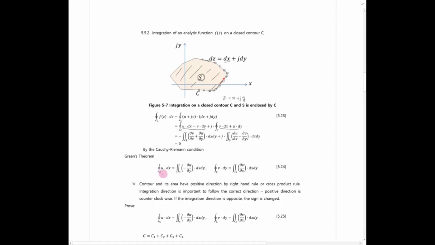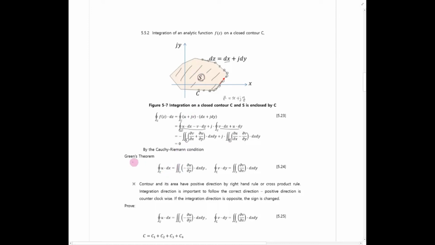By use of the Green theorem, we can change the contour integration to an area integration. This is the contour integration, but we would like to change it into area integration inside of here. Then we can make it simple.